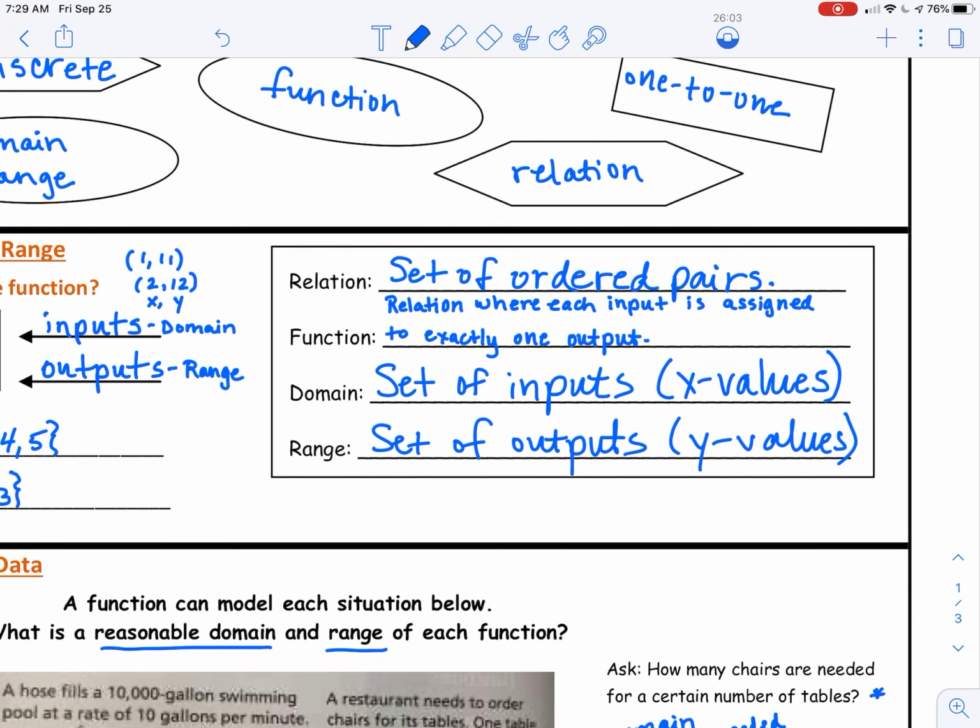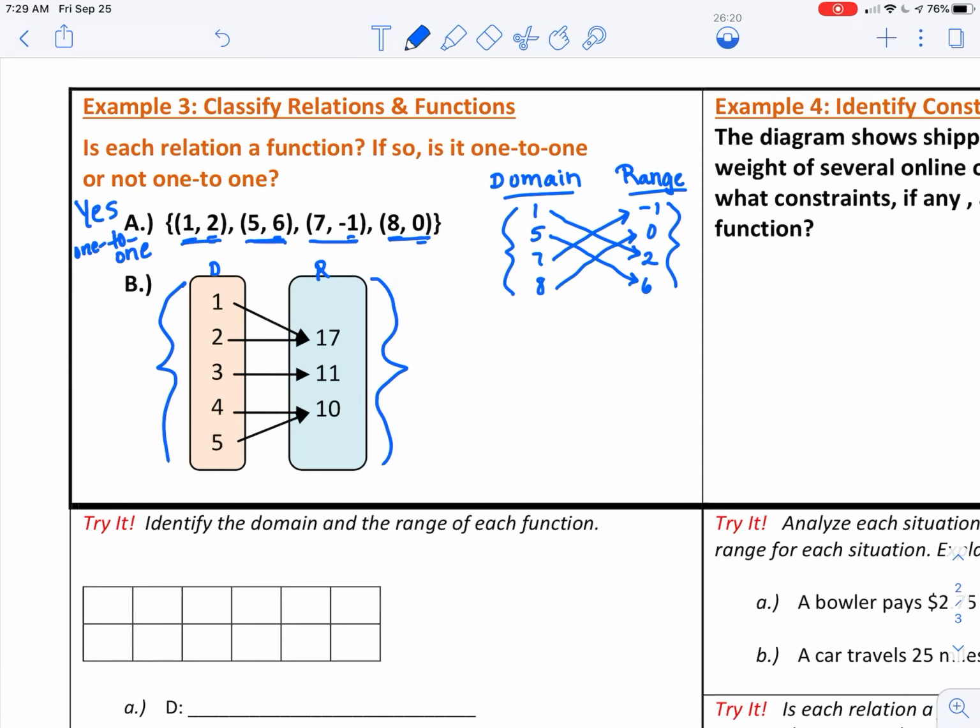Is each input assigned to exactly one output? It is, isn't it? Because 1 is assigned to 17 only, 2 is assigned to 17 only, 3 is assigned to exactly one element in the range, which is 11, 4 is assigned to one output, and 5 is assigned to only one output.